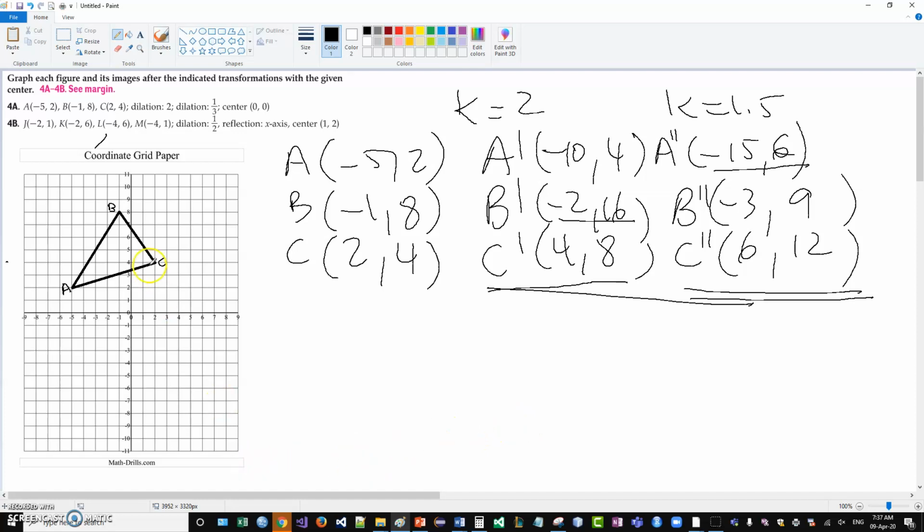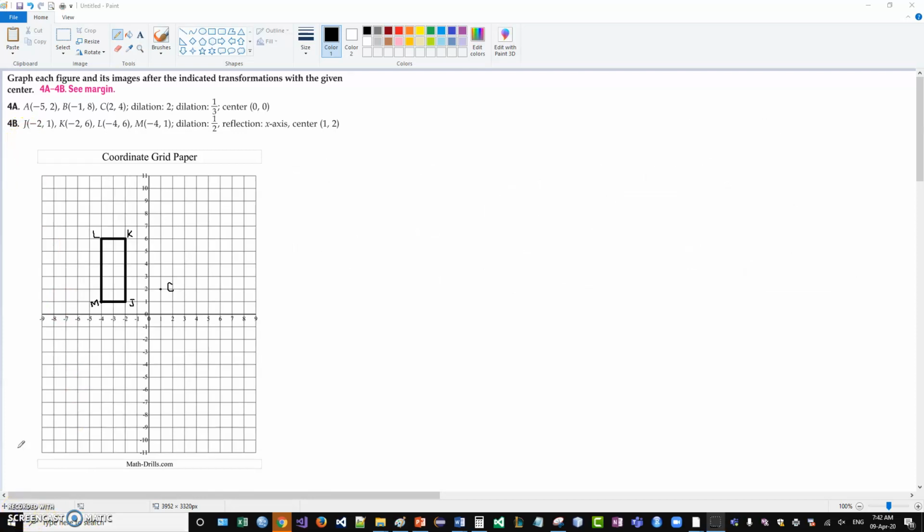Alright, now we're going to move on to the second exercise. Now for the second exercise, we have this rectangle JKLM with dilation of a half, and then the second transformation is not a scale factor, it's just a reflection across the x-axis, which is not that hard. Let's start with the first dilation.